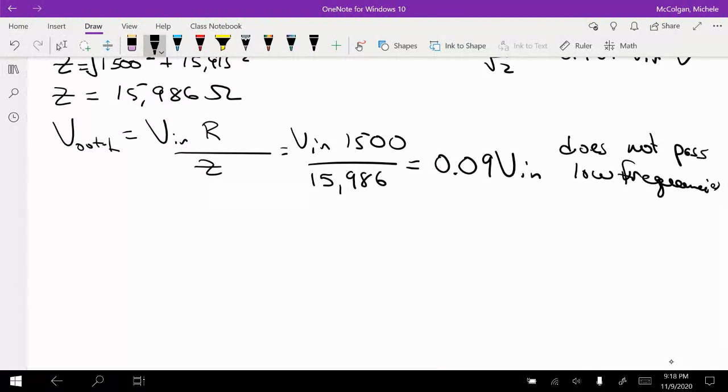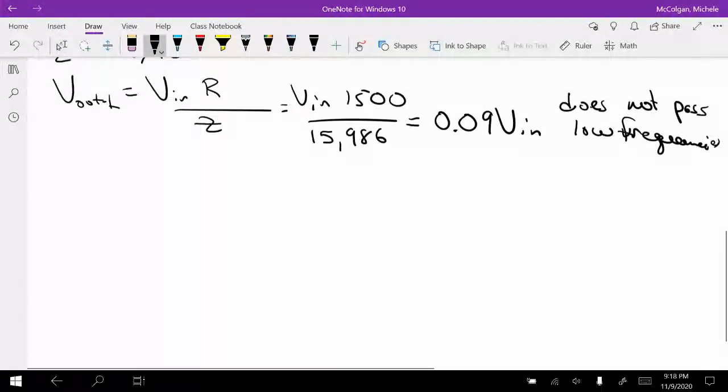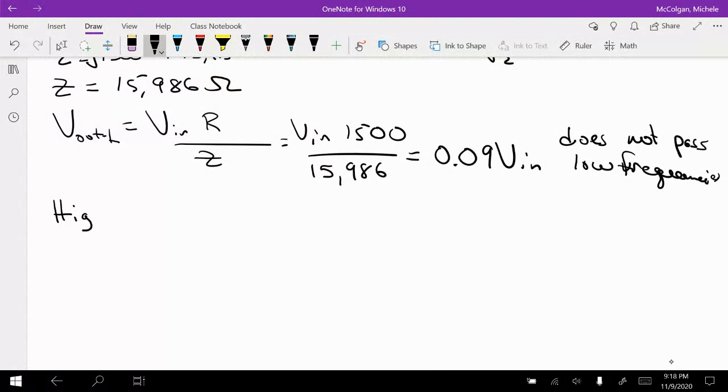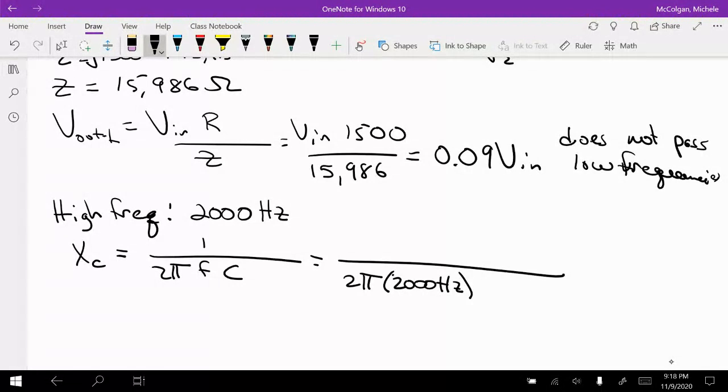Now let's check the high pass, meaning I'm passing high frequencies. So for high frequencies, we're going to say that high frequency is 2000 hertz. So XC at 2000 hertz is going to be 1 over 2 pi FC, which is 1 over 2 pi times 2000 hertz times 0.1 times 10 to the minus 6 farads.